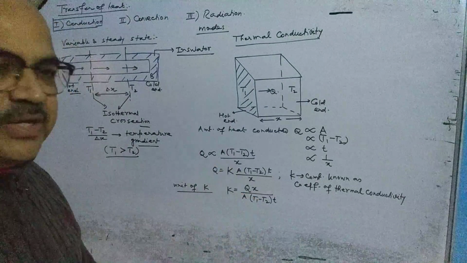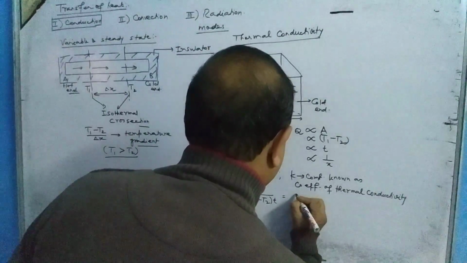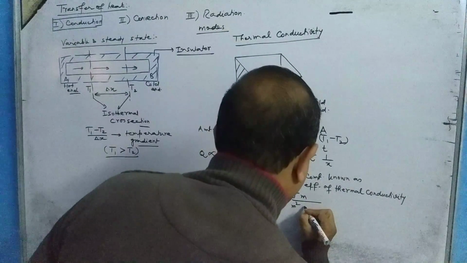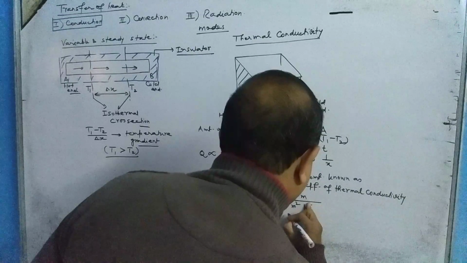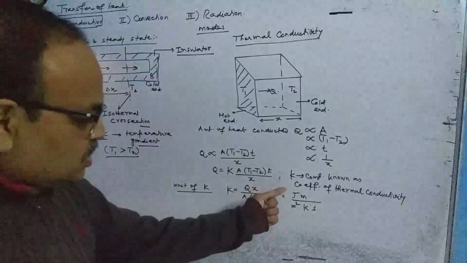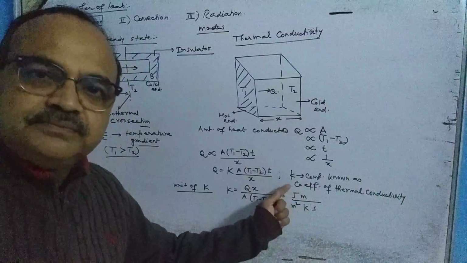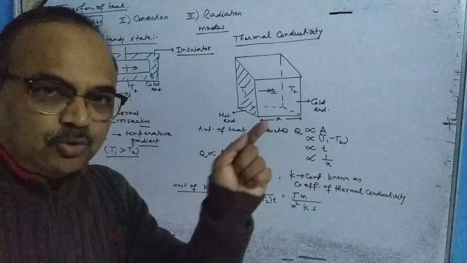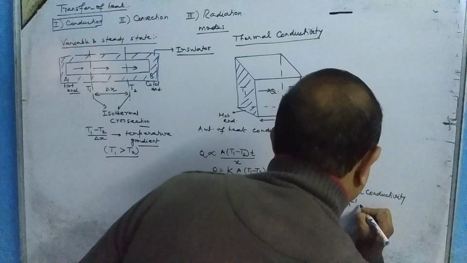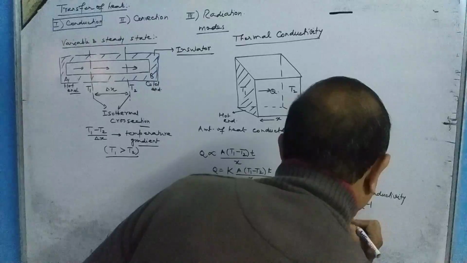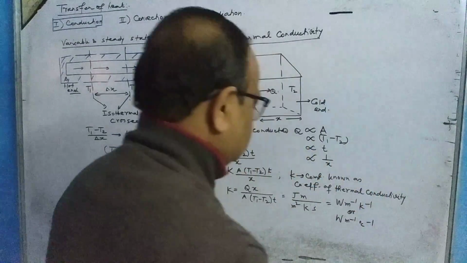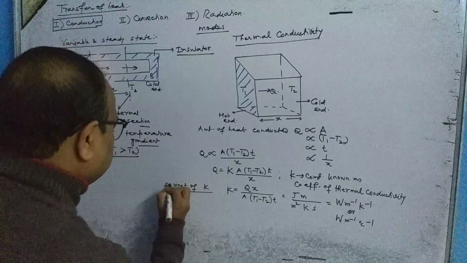Now put the unit: joule, meter, by meter square, per Kelvin, second. Joule per second is watt. So what we shall get? Watt per meter per Kelvin, or watt per meter per degree Celsius. This is the SI unit.